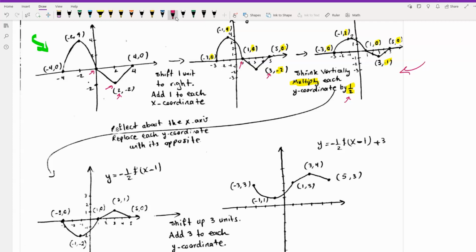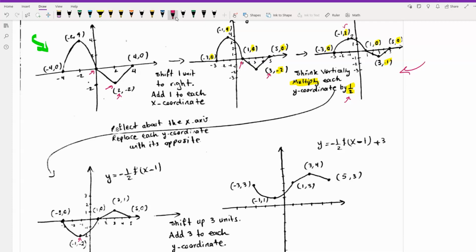So here on top we have negative 3, 0. We're going to have negative 3, 0, and then we have negative 1, positive 2. We have positive 2 for the y-axis. Multiply that by negative, we will have negative 2. So this one is negative 1, negative 2.